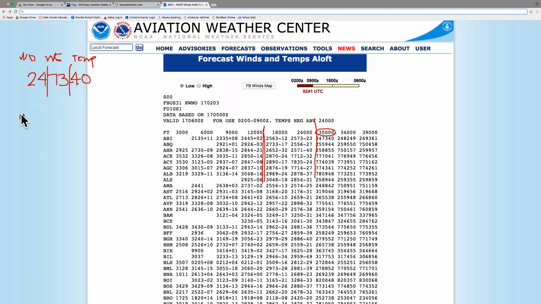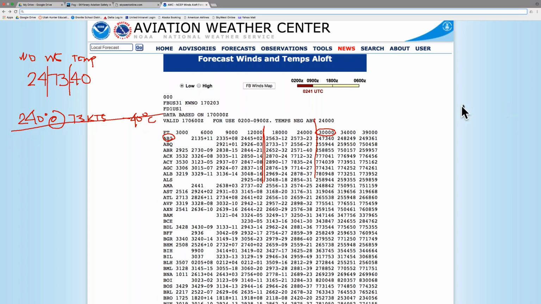So our winds at this altitude, 30,000 feet over this VOR, are 240 degrees at 73 knots, and it's minus 40 degrees C outside. Does everybody understand that?